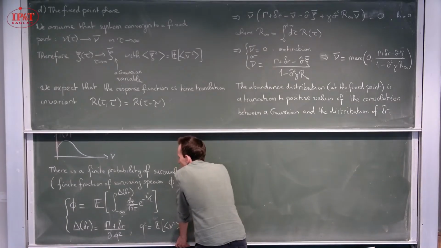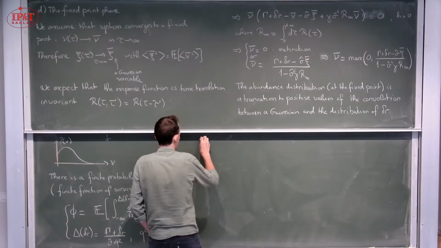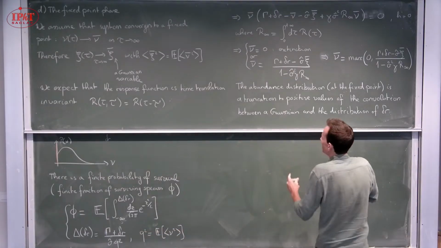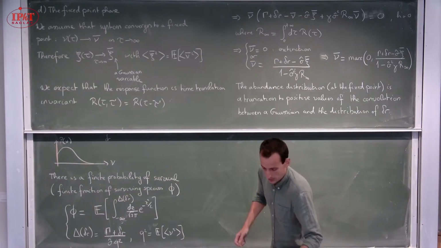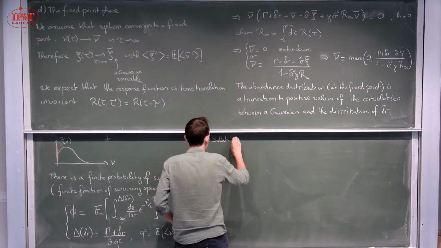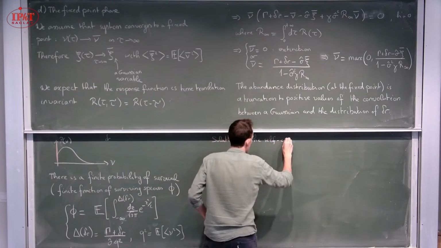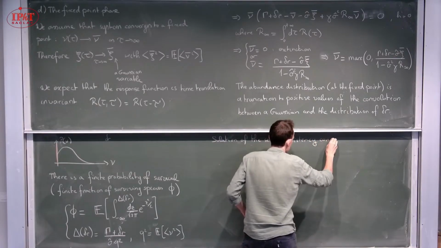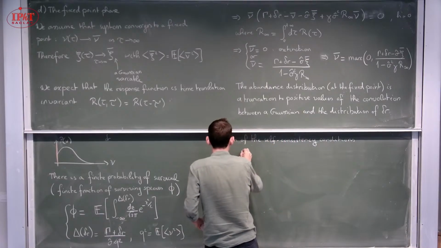Now it remains to fully characterize the fixed point phase. We need to solve for the self-consistency conditions of the dynamical order field theory, which we haven't done so far. So you need to impose that.